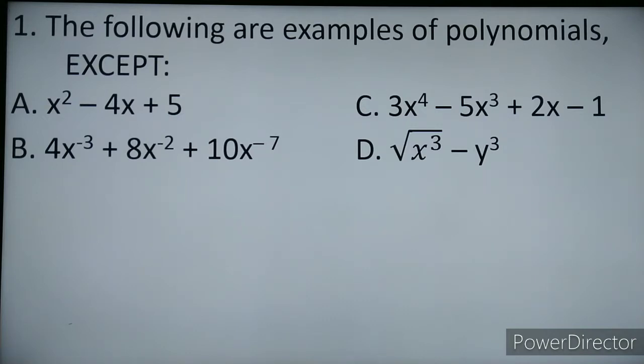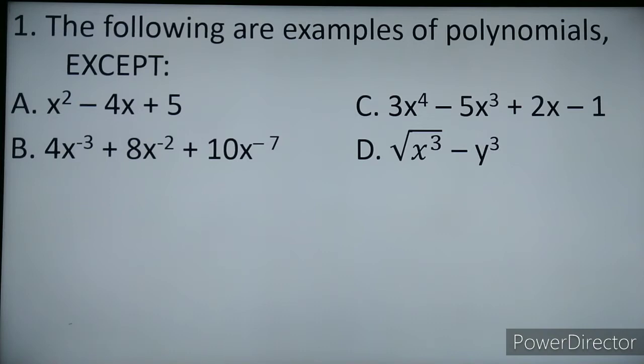Letter C: 3x raised to 4 minus 5x cubed plus 2x minus 1. Letter D: square root of x cubed minus y cubed. What is your answer? All you have to do is just choose your answer from A, B, C, and D.